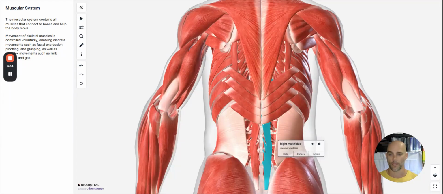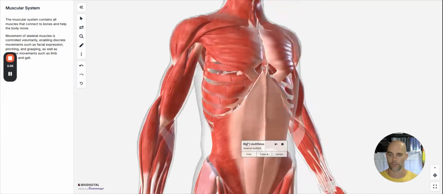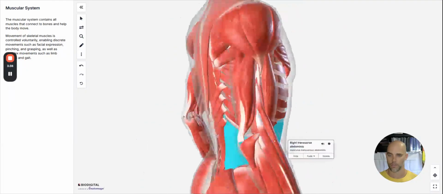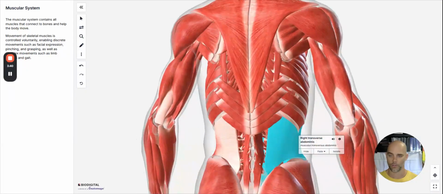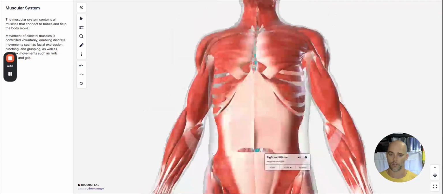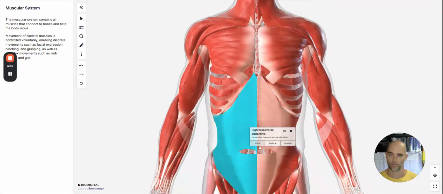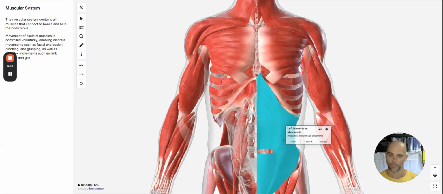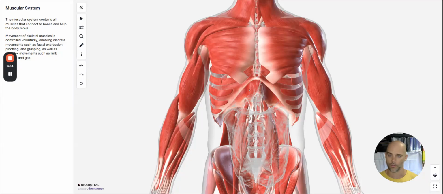So if you've got the transverse abdominis and the multifidus, that makes the round part of the cylinder. Then you've got the lid, which is the diaphragm, your breathing muscle.